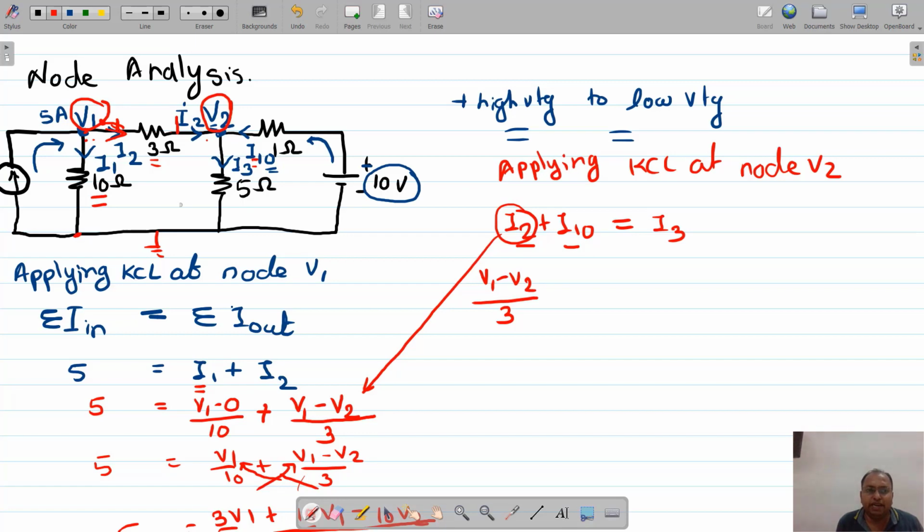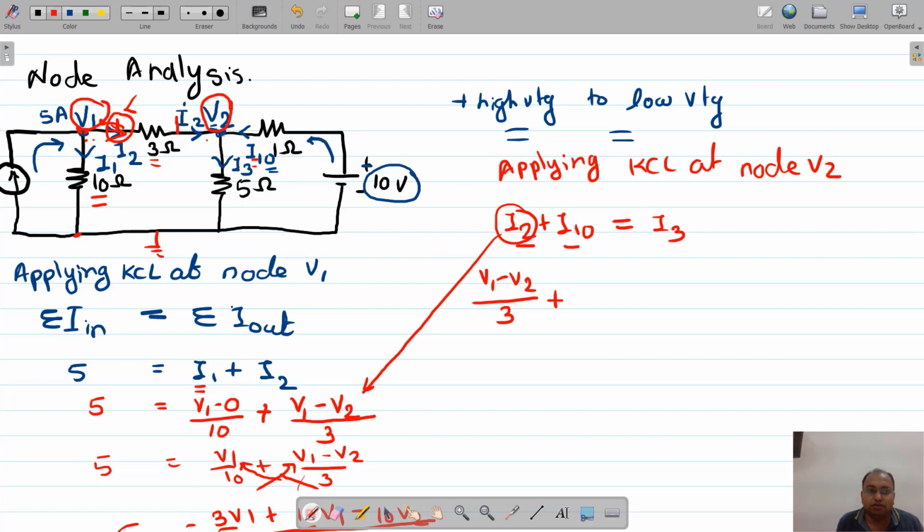You can assume any direction, no matter which, but if you take the direction as, let us say, incoming direction for this junction, let us say V1, then definitely you have to take V2 minus V1, right? Then only you will get a proper equation. Otherwise you'll get a wrong equation, and you may get wrong values. Is that fine?